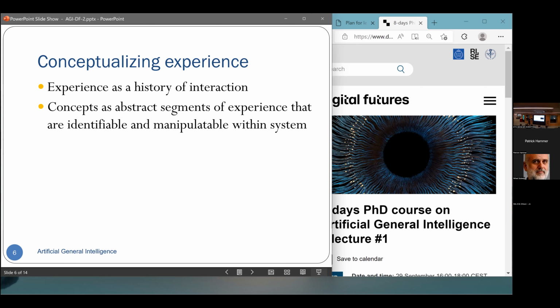It's possible, but not required. So a concept comes from experience after segmentation and abstraction, and every concept has an internal name within the system, so it can be recognized by the system and can be manipulated.